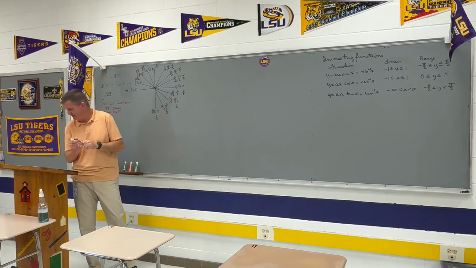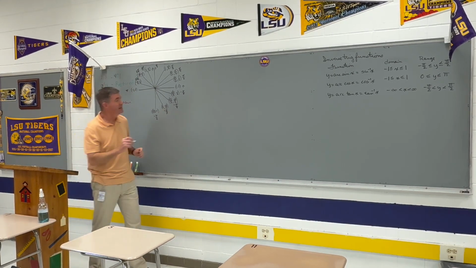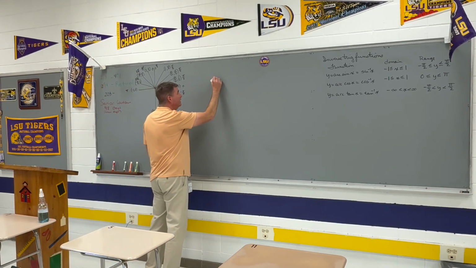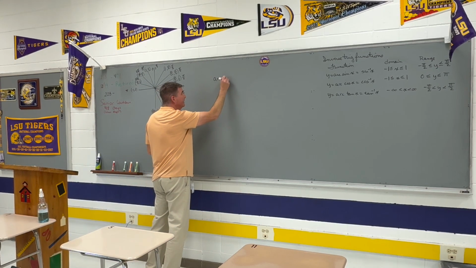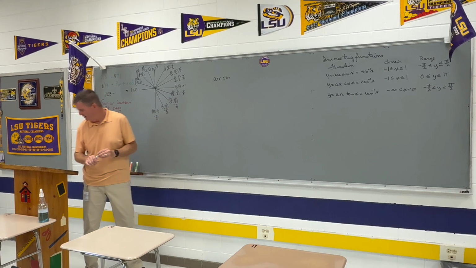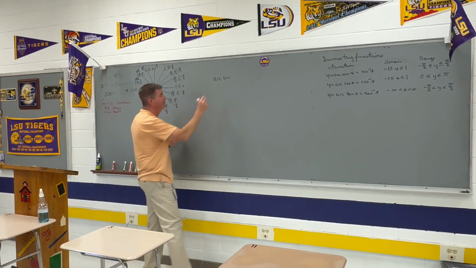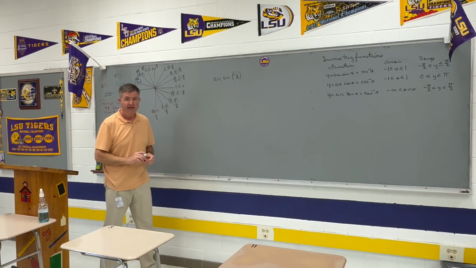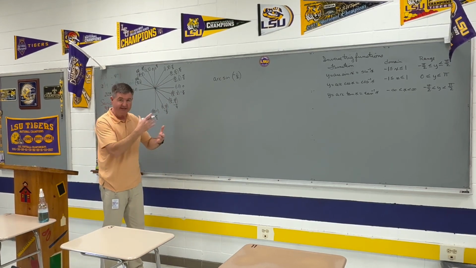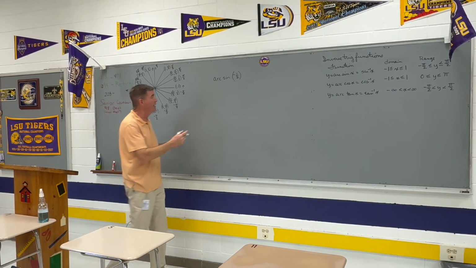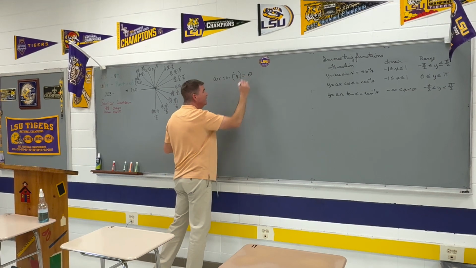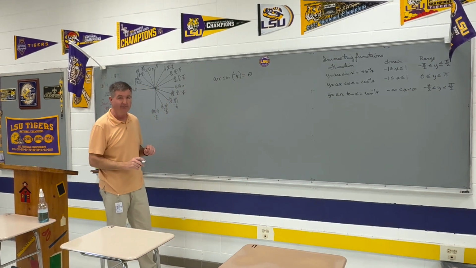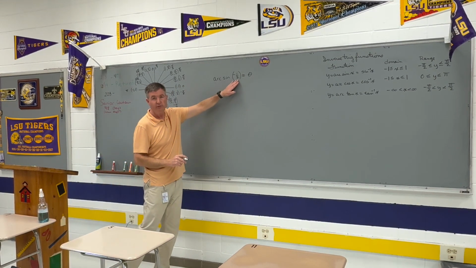So how are they going to ask us to find this? They would say something like, find the arc sine of, in this case, -1/2. So in essence, if I turn this around and made it a sine, I would put this as theta, because we're trying to find the angle where the arc sine is equal to this.